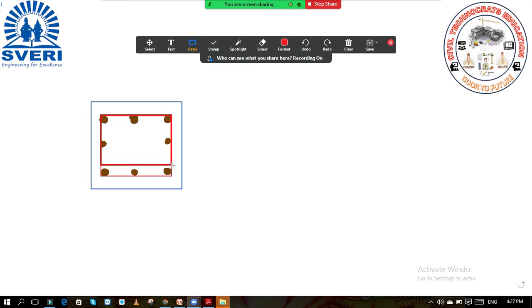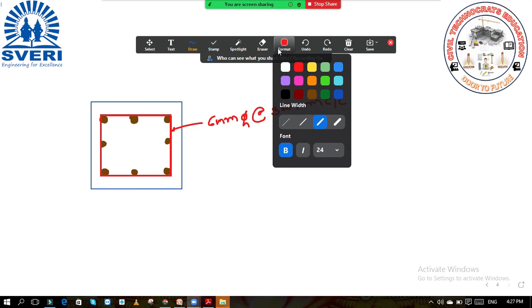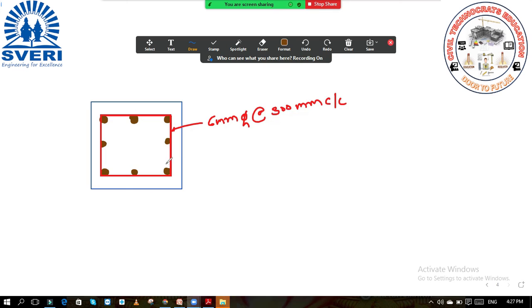This is your ring stirrup. So this is sufficient. See, this is your stirrup, which is 6 mm diameter, about 300 mm center to center. And these are the reinforcement bars.